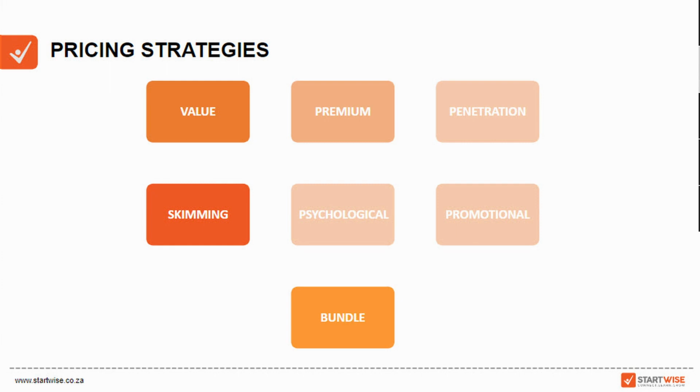But just a word of caution on value pricing: you need to make sure that this doesn't become a price war with your competitors. You might lower your price, then they lower their price, and then you need to lower your price even more. And at the end of the day, you're not making any money just because you're looking to beat your competitors on price.